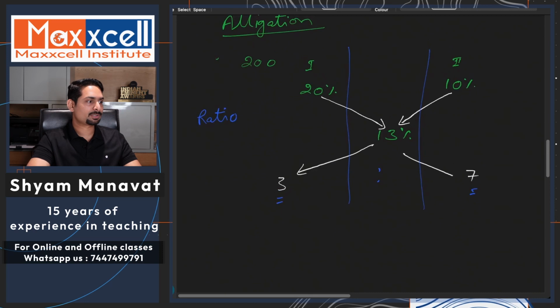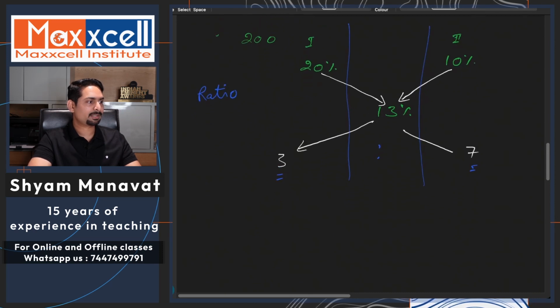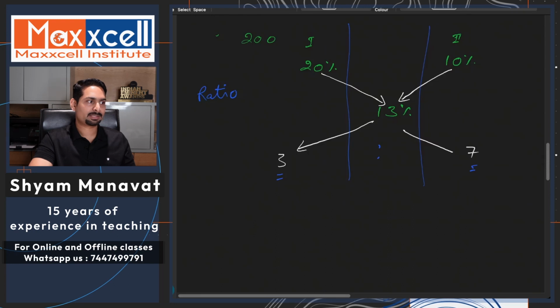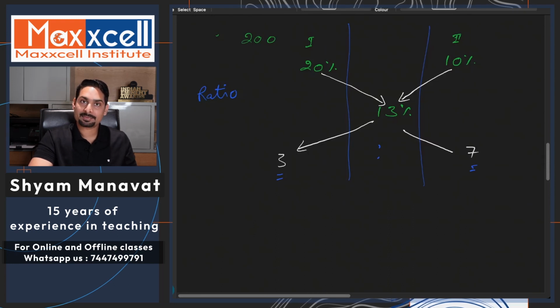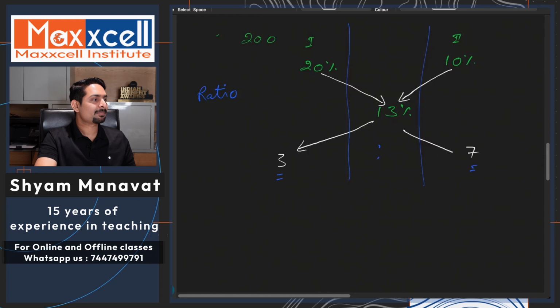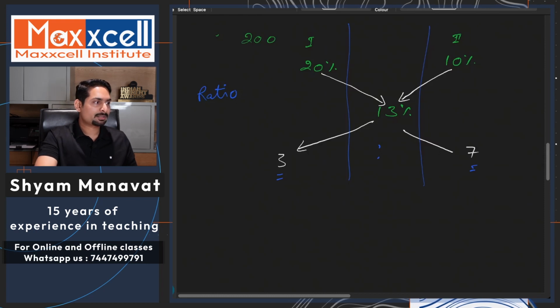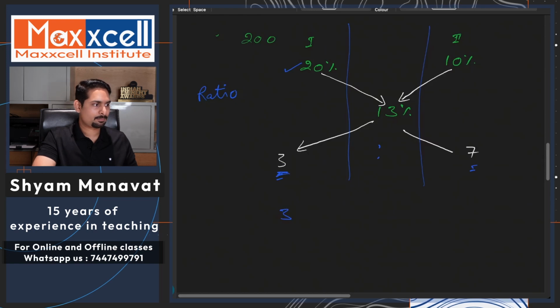See, 3:7. So if you divide the total quantity in 3:7, you have the 20% and 10% and overall profit to be 13%. So now, the question said find what is sold at 20%. So on 20% you have how much portion? 3 out of total portion, 3 plus 7.